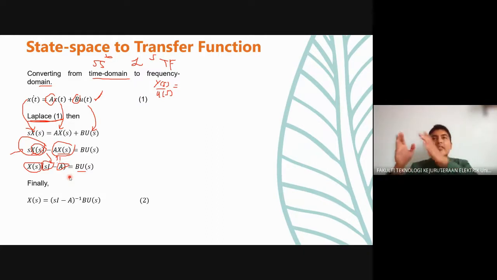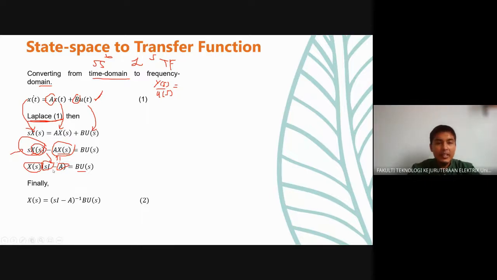If you want to subtract a matrix, you must have a matrix with the same dimension as A. With the same matrix dimension, A minus A, you get the answer. However, with only s minus a matrix, you cannot solve it. So that's why we need to put I here, which we call the identity matrix.